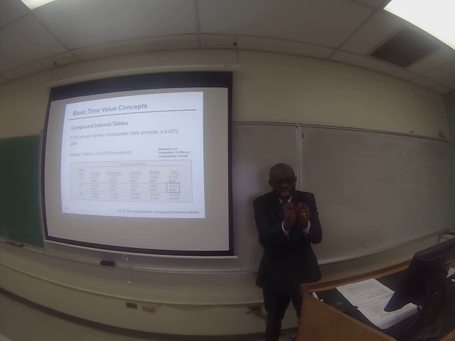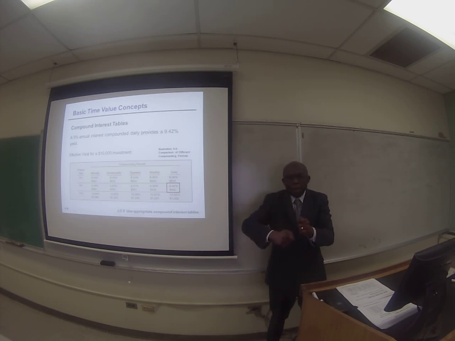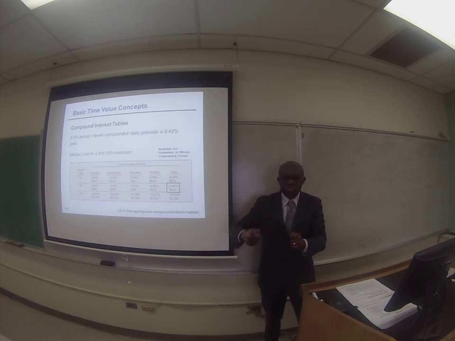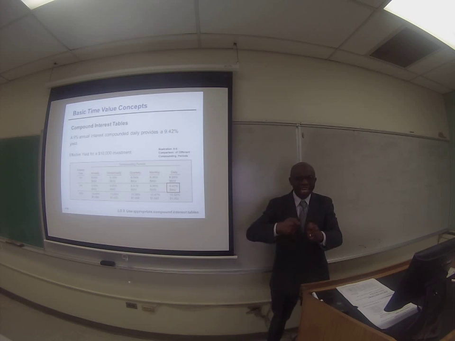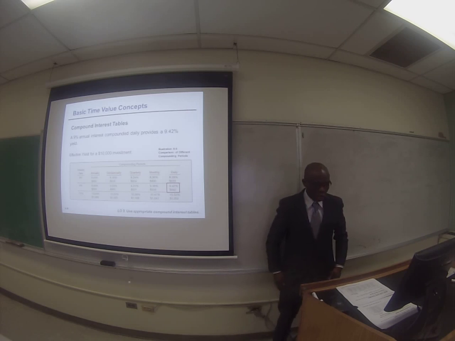in that 1 day is added to the principal for the calculation of interest in the second day, and so on and so forth. So obviously, the more periods you compound your interest, the better off you are. The higher the effective interest rate, the higher rate you actually obtain.